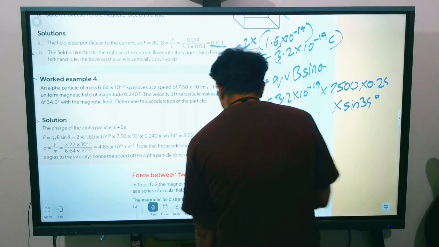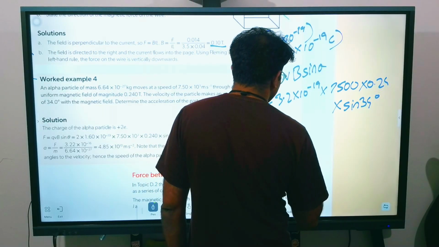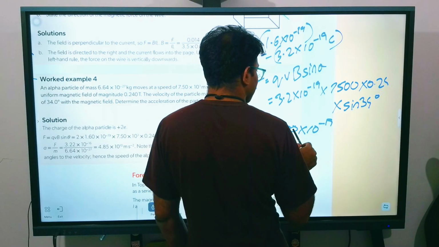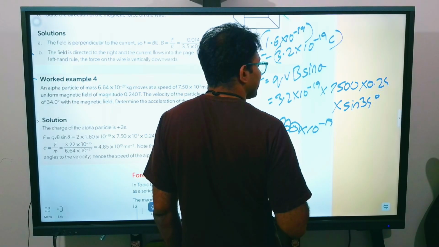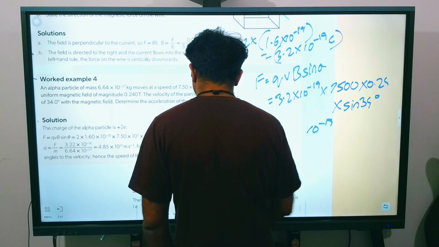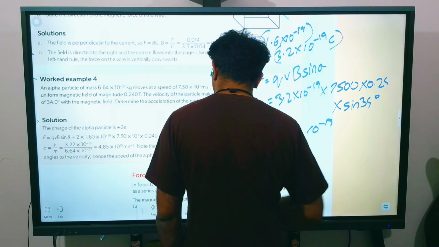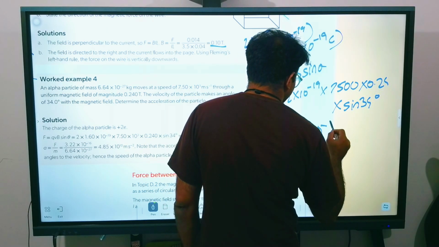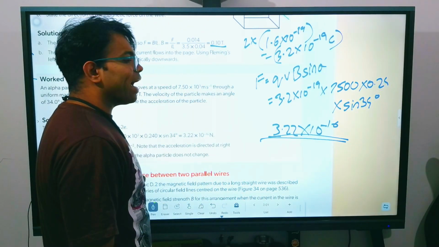So, okay, fine. 3200 into 10 to the power minus 19, right? Or you can write it as 320 into 10 to the power minus 19. 3.22 multiplied by 10 to the power of minus 16. Okay, this is fine. Now, we need to find the acceleration.